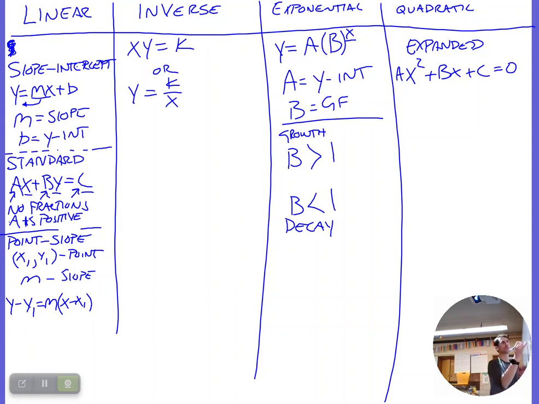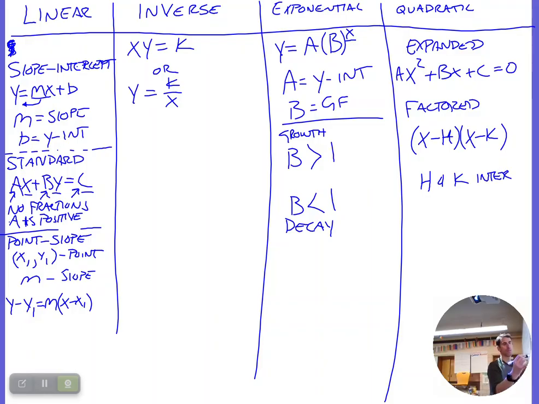Factored form is going to be x minus h times x minus k, and h and k are the x-intercepts.